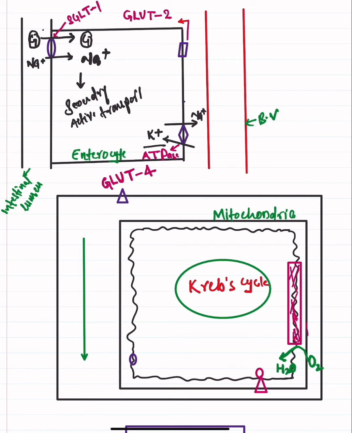Now glucose will come inside the enterocyte, and from this enterocyte glucose will move out. So glucose will come here in the intercellular space, and from here it will move into the plasma, right? My question to you is, where is SGLT2 present?